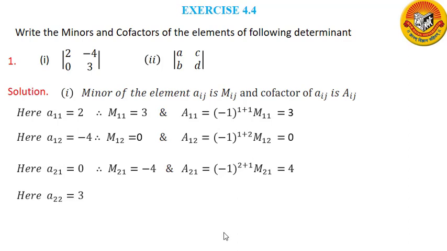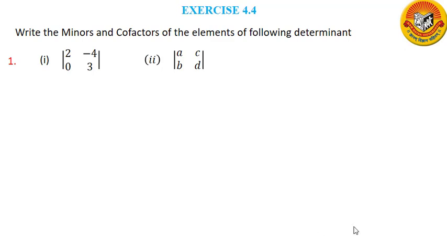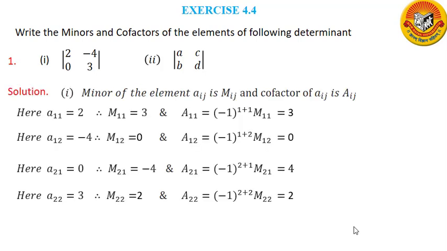Finally A22 is 3, so M22 we will calculate. Eliminating the second row and second column, we get the answer 2, and A22 we will get as this 2 into 1, which is 2 only, right? So this is how you calculate the minor and cofactor of a 2 by 2 determinant.